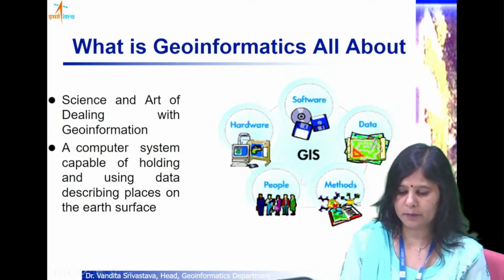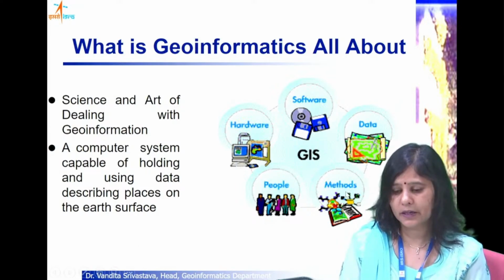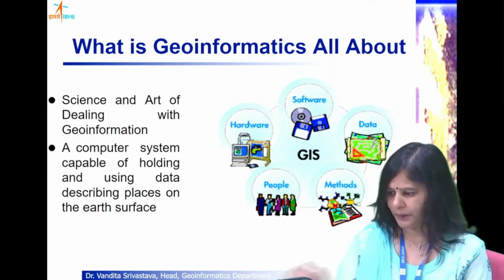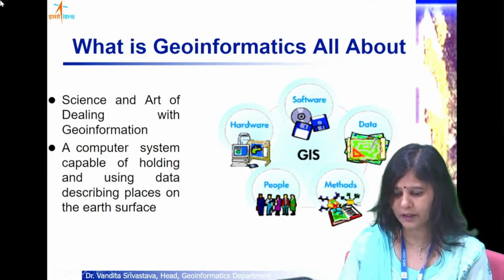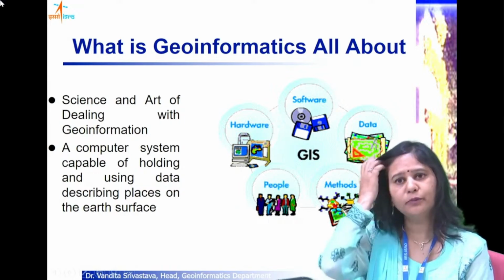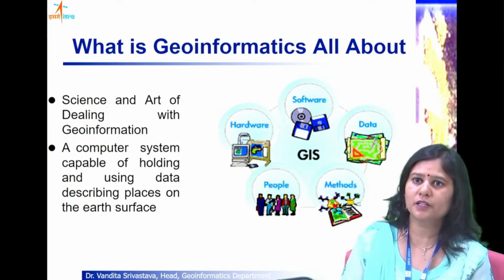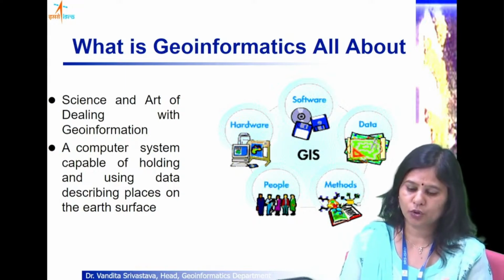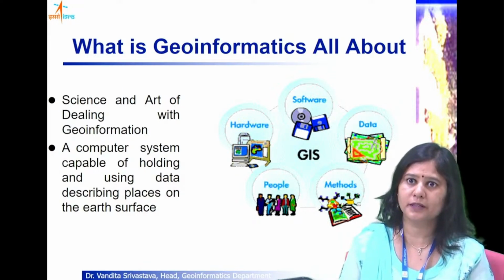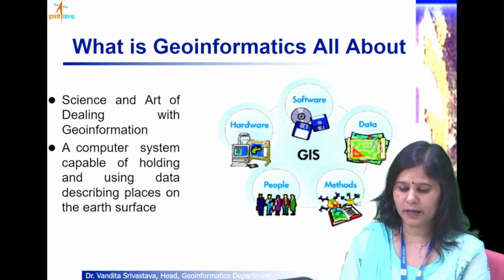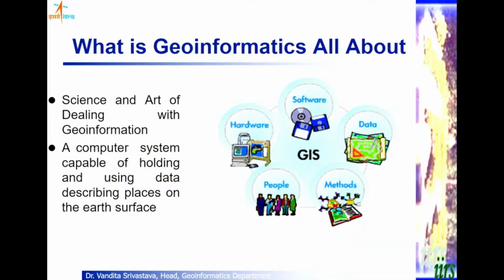So all these are people. And what are methods? When we make a GIS work, we need some specific ways for every application domain. We require a specific type of processing. Those application specific methods form the part for methods.